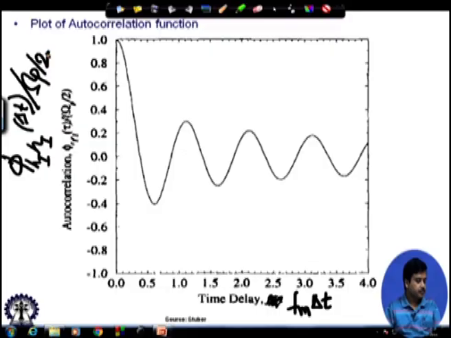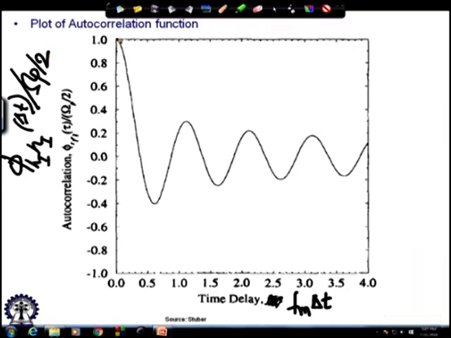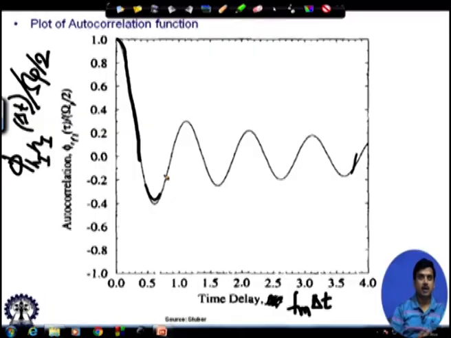So this correlation function is decreasing from a peak value of 1 towards 0, and because of the assumptions that we have made, we are getting a damped oscillation about 0. So there might be negative values, but of course this is a model, so there are problems which come with a particular model.